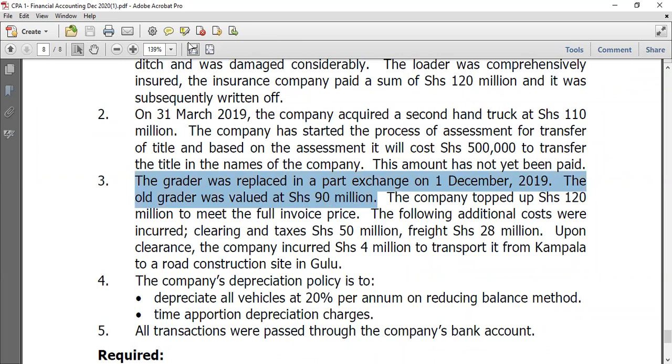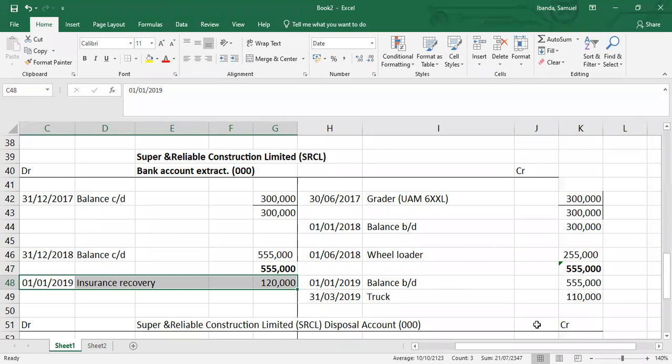Any disposal, either we are buying a new asset or we are replacing the asset through an exchange program, we basically do the same thing.